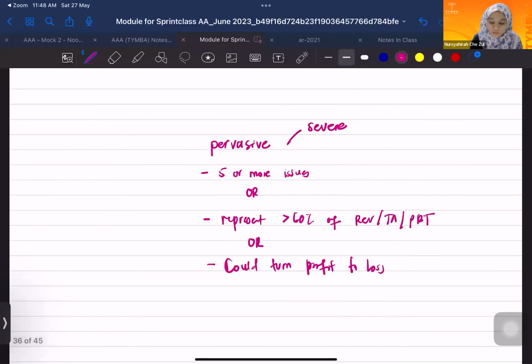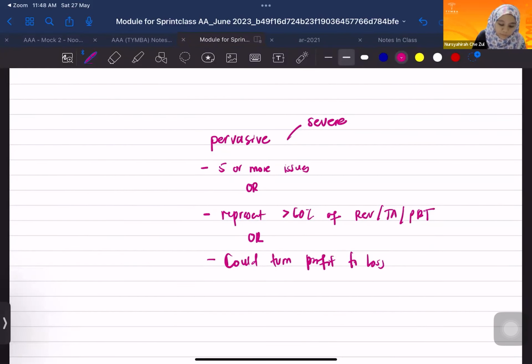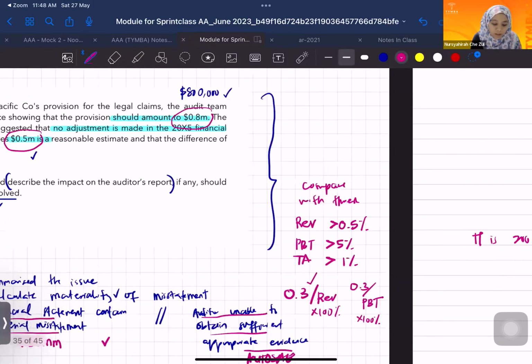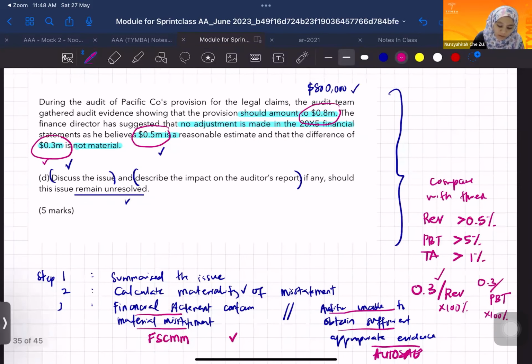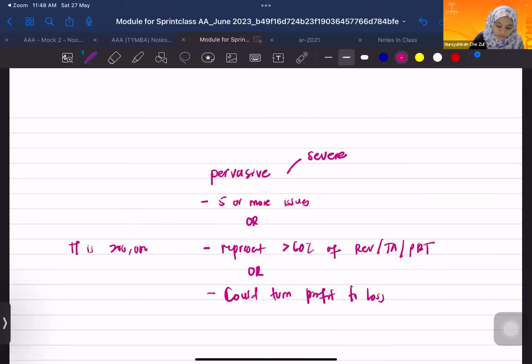For example, profit is 200,000. But just now we noticed that they understate provision by 300,000, right? So if they correct this misstatement, recognize more expenses, now it becomes a loss of 100,000. So this situation also, you can say that it is pervasive.